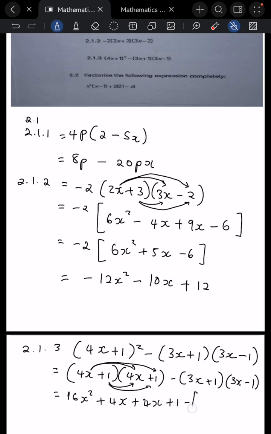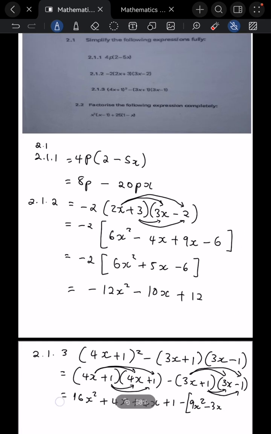All of this minus bracket, same story, this one times this one, and this one times that one. We're going to say 3x times 3x is going to be 9x squared. 3x times minus 1 is going to be minus 3x.